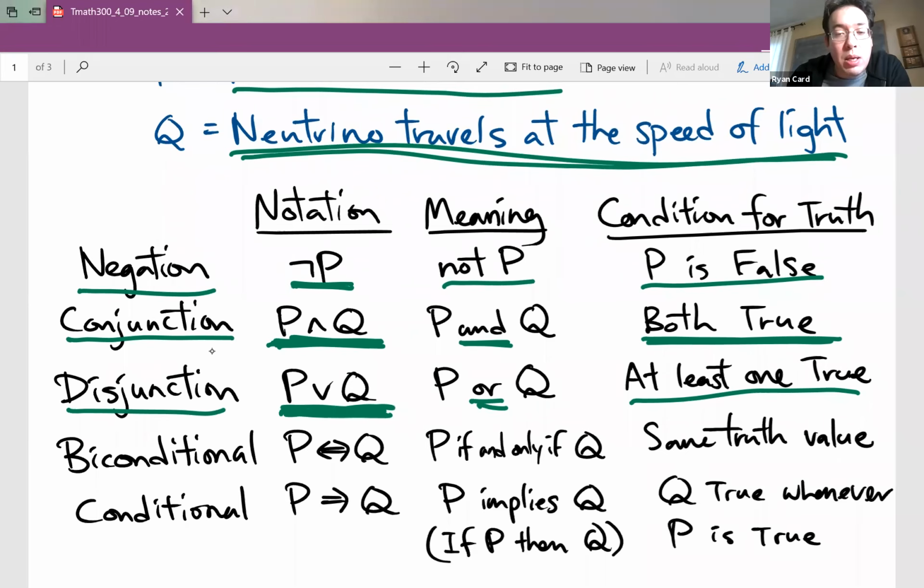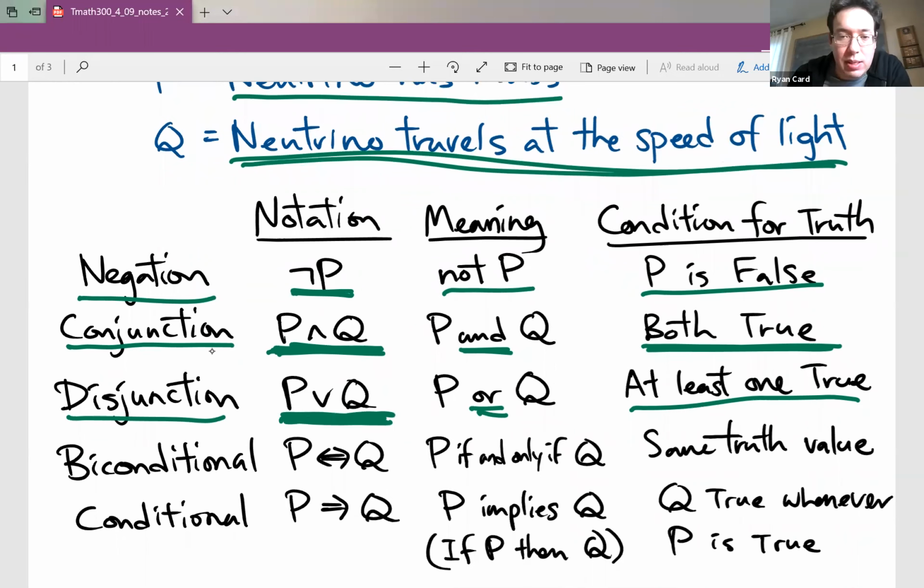Now, the word or in English is a little bit ambiguous. Sometimes, depending on the context, it means inclusive or, where both are allowed to be true. But sometimes in other contexts, it's an exclusive or, where you want one of them to be true and the other one to be false, but you cannot have them both be true.